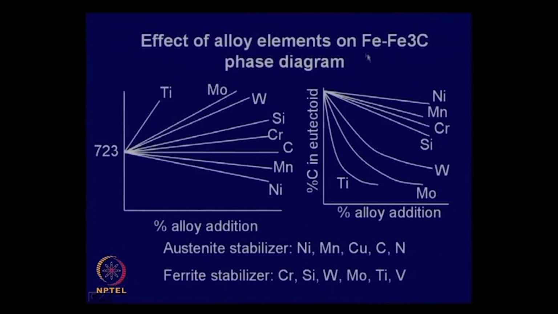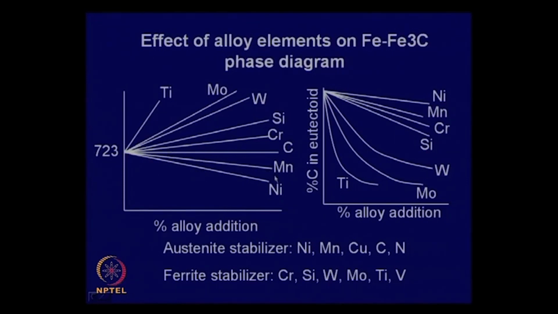See, effect of alloy elements: depending on alloy elements, say carbon, if you have carbon, the eutectoid temperature is irrespective of percentage alloy. The carbon content, you have the eutectoid temperature around 723, let us say. But if you add alloy elements, say like nickel or manganese, then you will find it brings down the critical temperature.